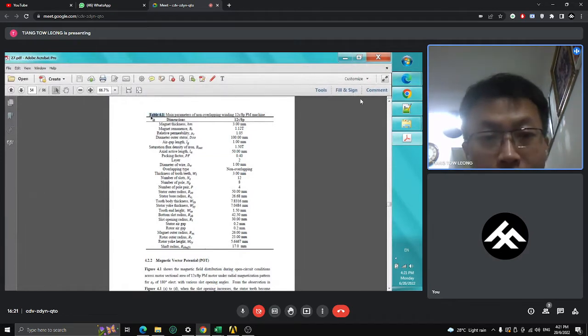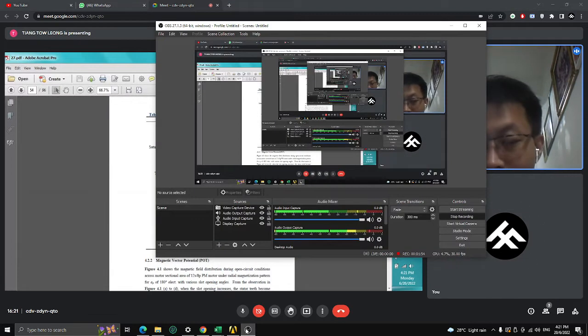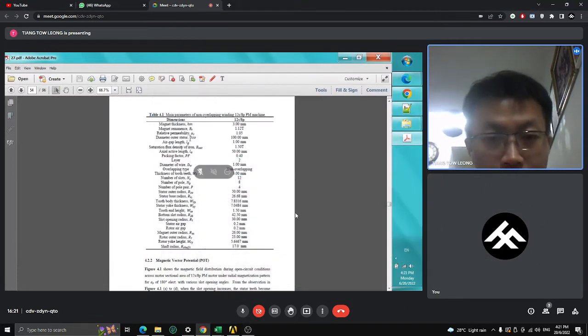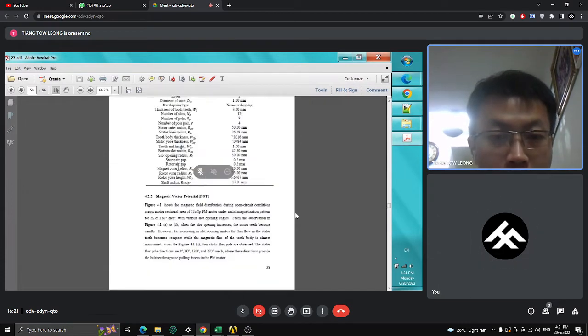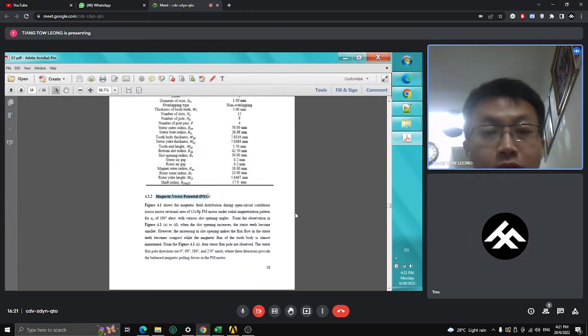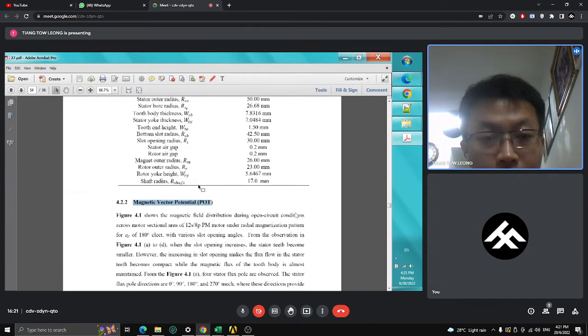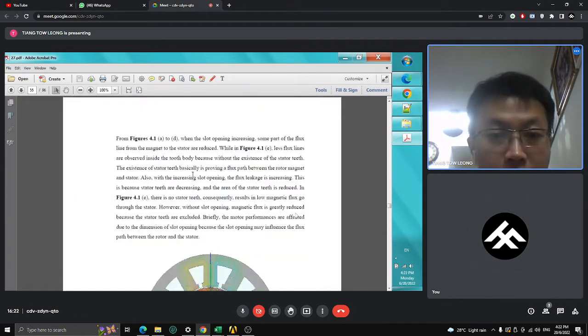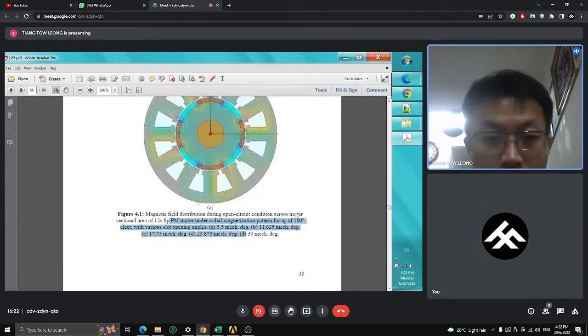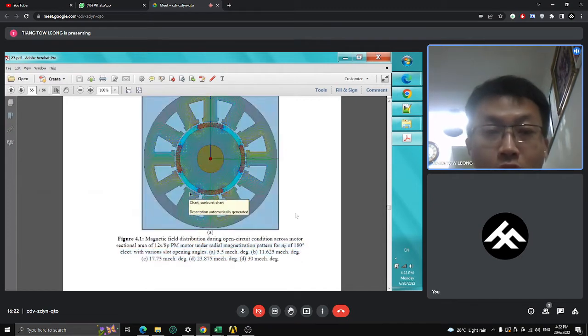Okay. So table 4.1 must be included. Then Hani knows the magnetic vector potential, section 4.2.2. This one must be included according to yours, figure 4.1.